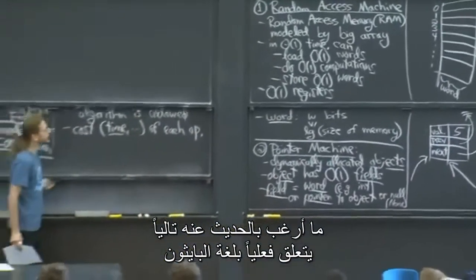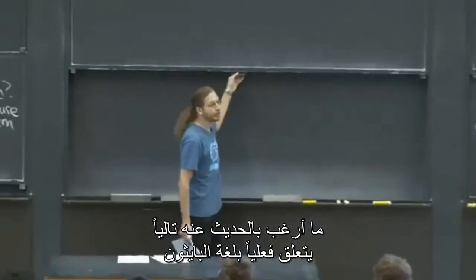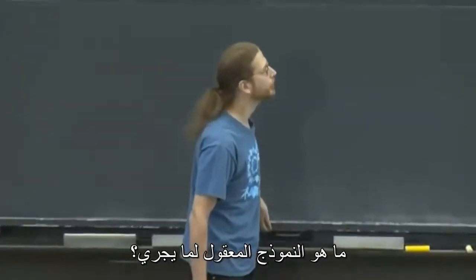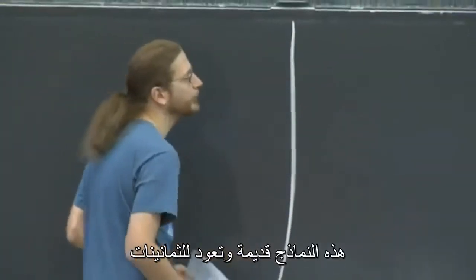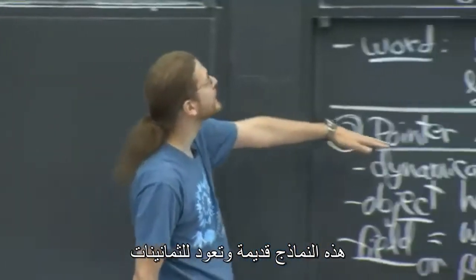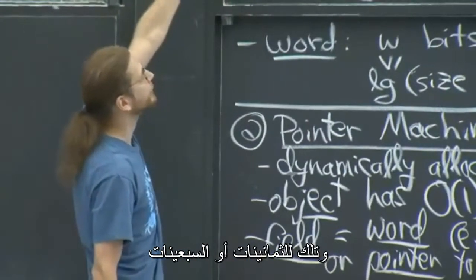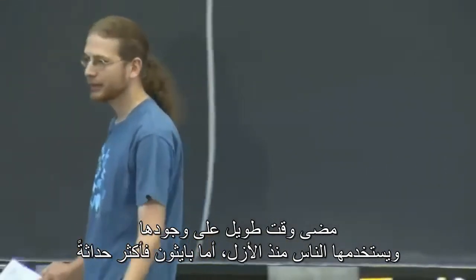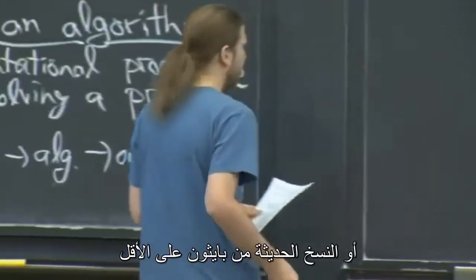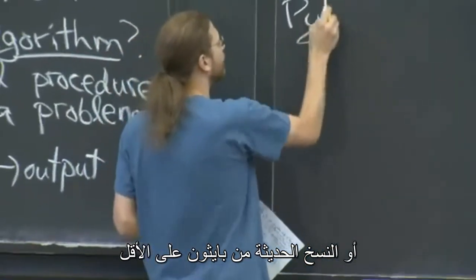What I'd like to talk about next is, in Python, what's a reasonable model of what's going on? So these are old models. This goes back to the 80s. This one probably 80s or 70s. So they've been around a long time. People have used them forever. Python is obviously much more recent, at least modern versions of Python.